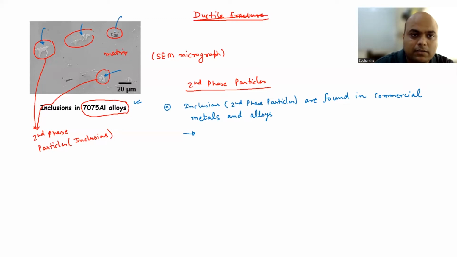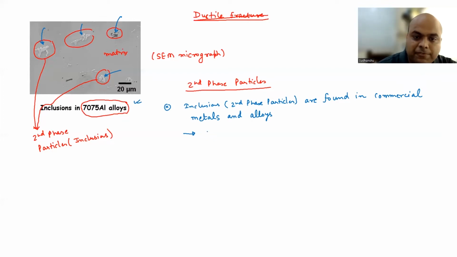And this black one, these are Mg2Si inclusions, so these are silicon rich inclusions. Depending upon the type of materials, you are going to have different kinds of inclusions or second phase particles, and these are typically intermetallics. In aluminum alloys, we have lots of intermetallics.